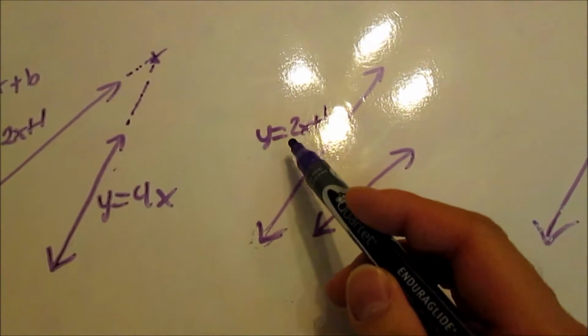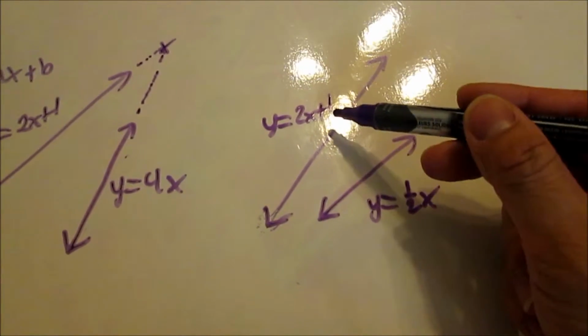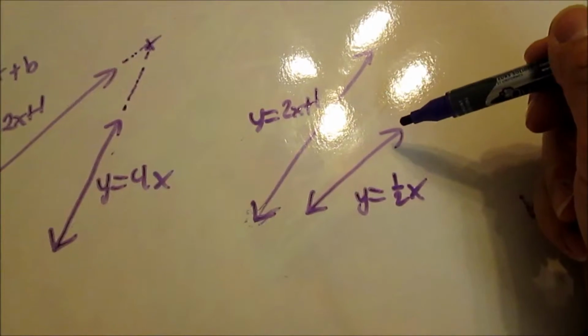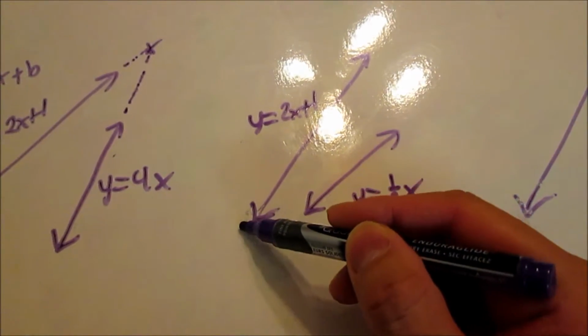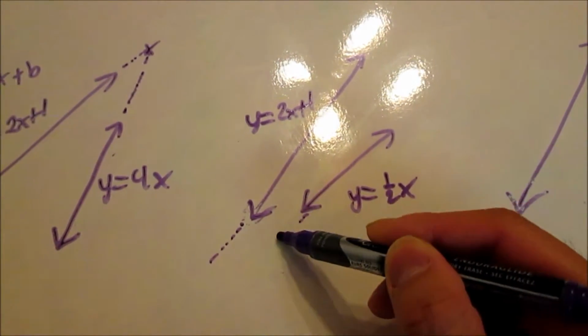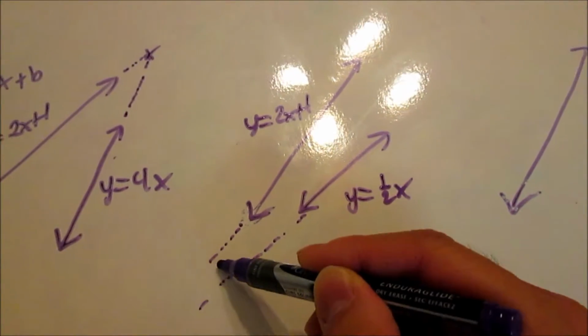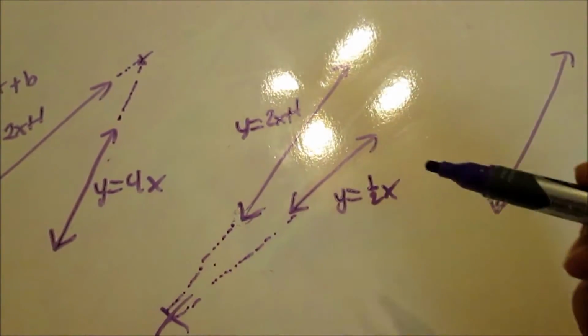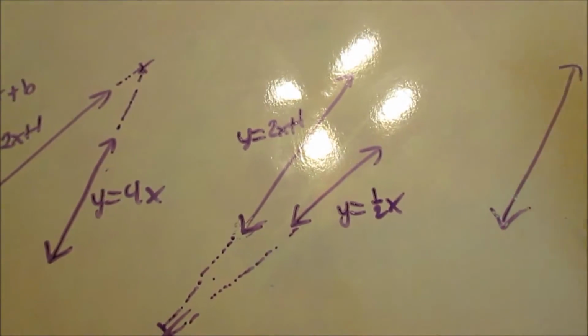Now these slopes are different, 2 and 1/2. 1/2 is less than 2. It's going to be a flatter line here. Now if that's the case, eventually, if I project the lines out, the flatter line will intersect with the original line at some point. So these can't be parallel.